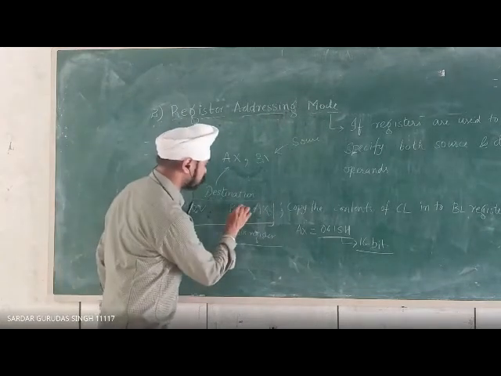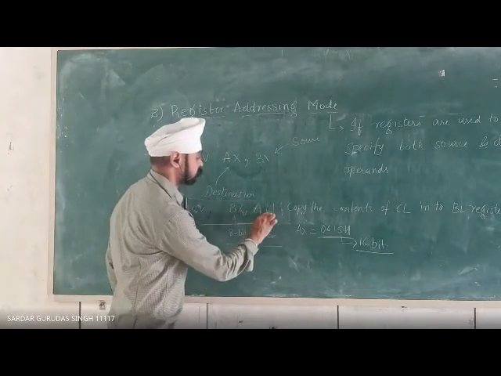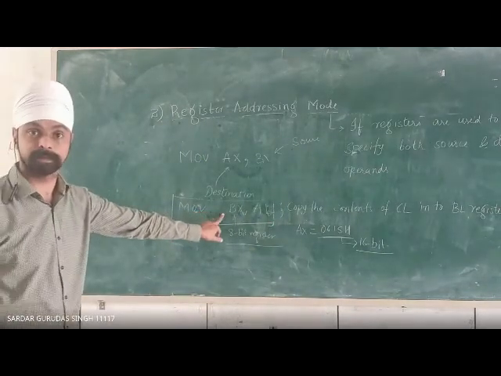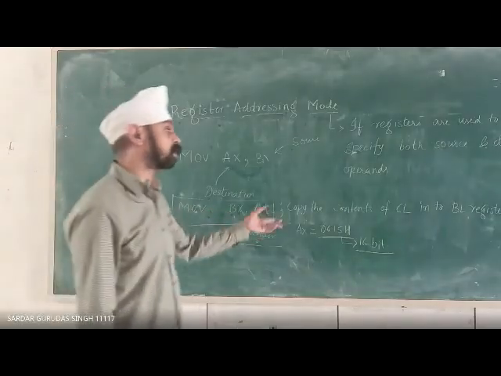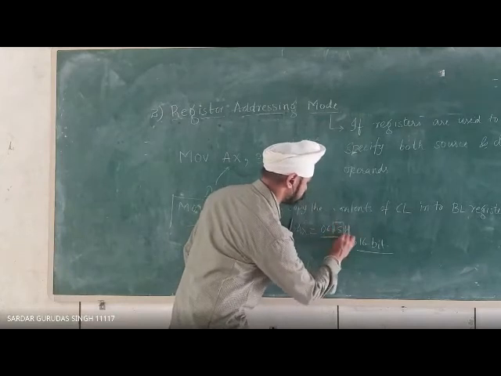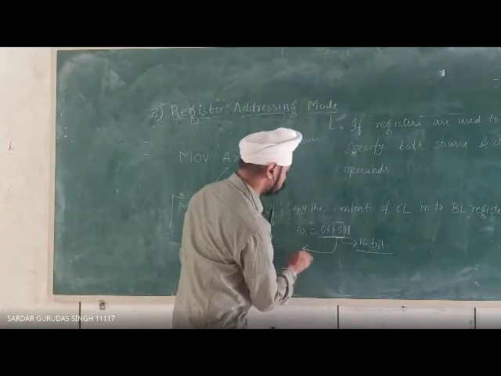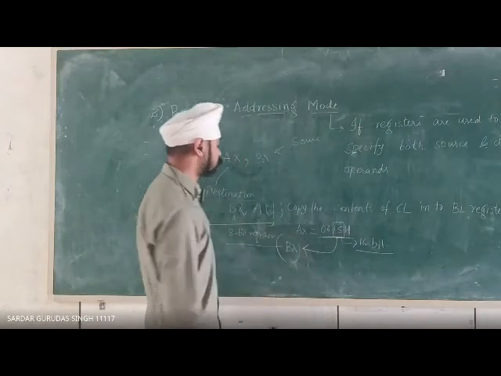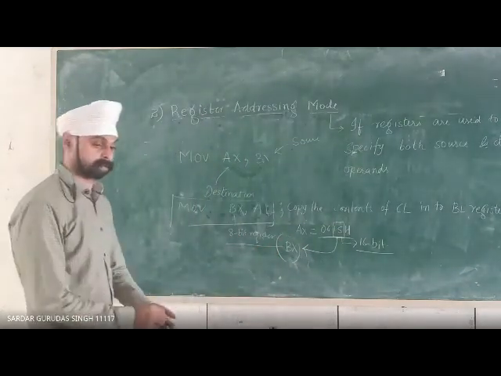If I write like this, MOV BX, AL, does it make any sense? Is it correct or wrong? Yes, it is correct. Why? Because the 8-bit content, the lower 8 bits, can be moved into BX. There is no problem, because BX can store up to 16 bits.